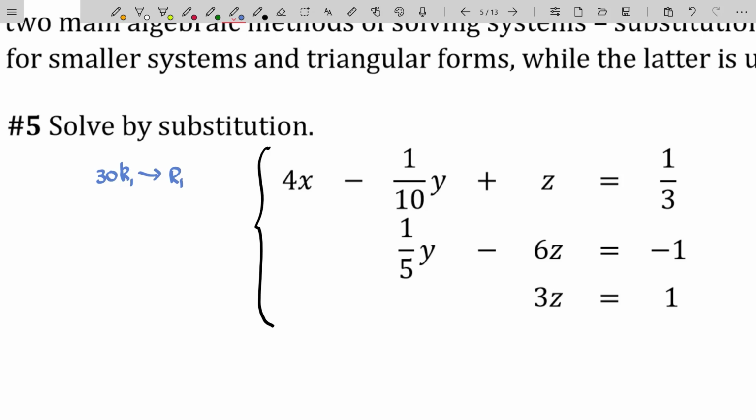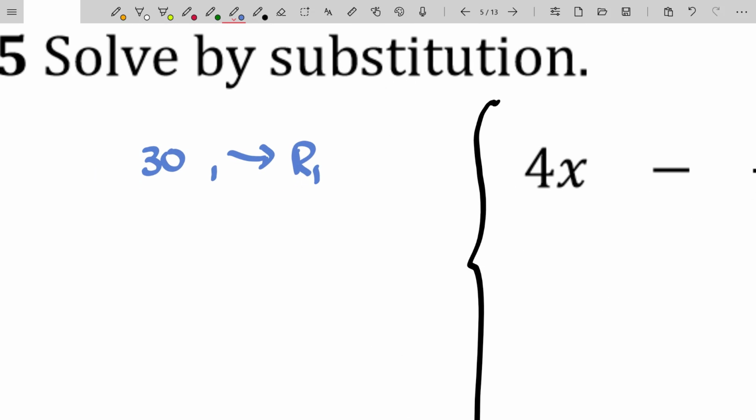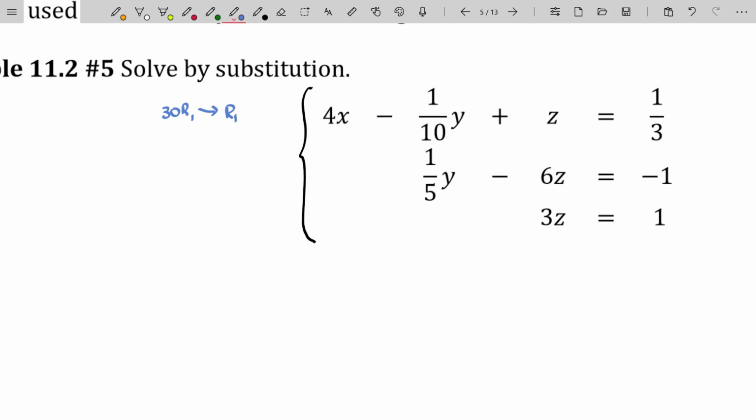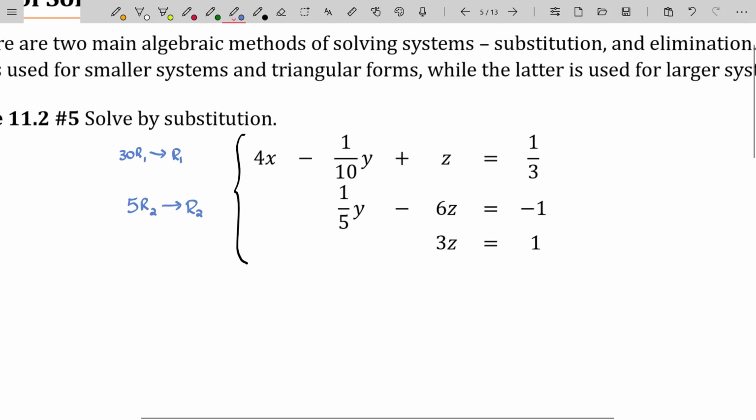That's the notation that we will use throughout this video series. That's the notation that I commonly use in all my video series for systems of equations. In the second row, you could see that I want to multiply that second row by 5 to get rid of all fractions. So 5 times row 2 will become the new row 2. And luckily, row 3, there's no work we need to do.